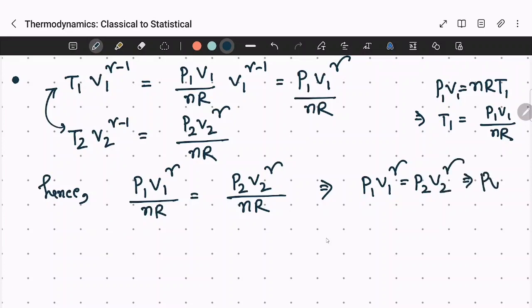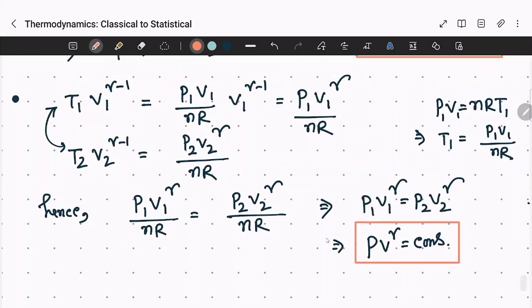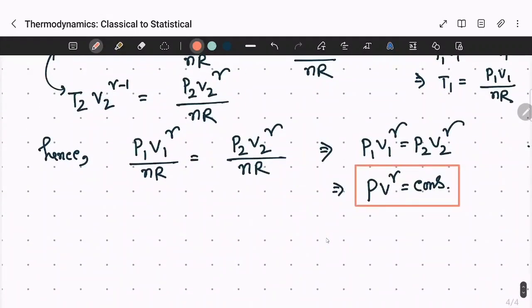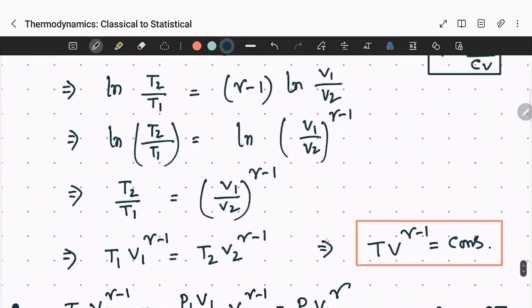Hence, PV to the power gamma is constant.